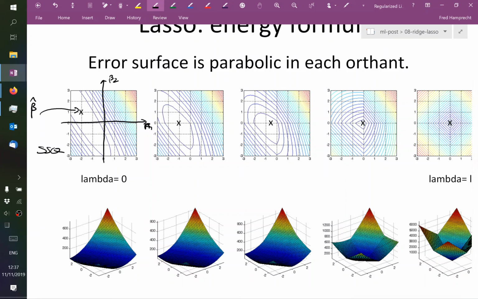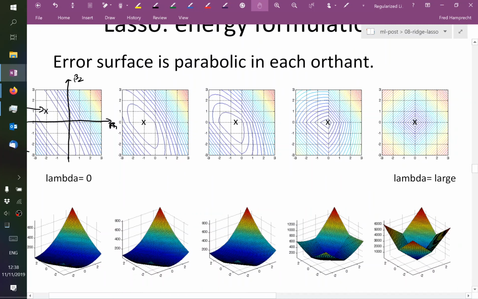So how good a fit is it to the data? And the sum of squares is quadratic in beta, so the isocontours are all ellipses, and overall the thing is a parabola.